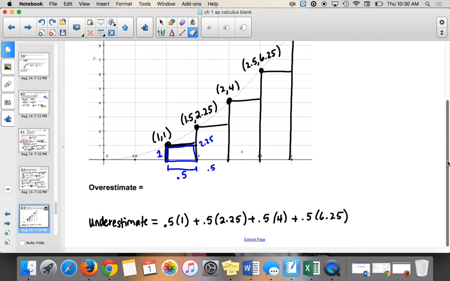So we find that value. A lot of times I'll pull the 0.5 out since they all have that in common, and I'll find 1 plus 2.25 plus 4 plus 6.25. Then I take all of that and I multiply by 0.5. Tell me what you get when you do that.